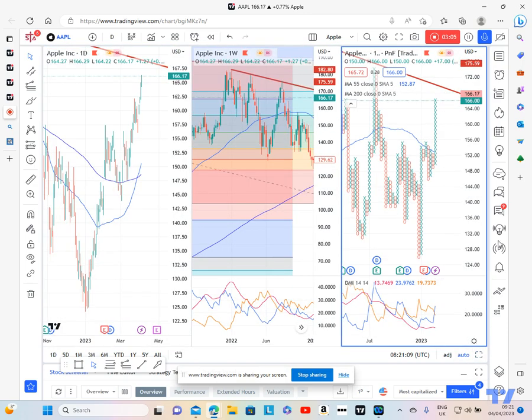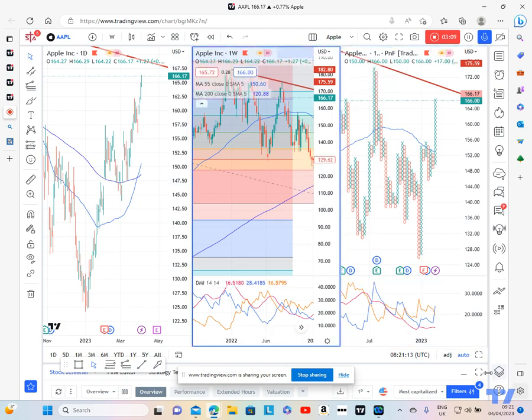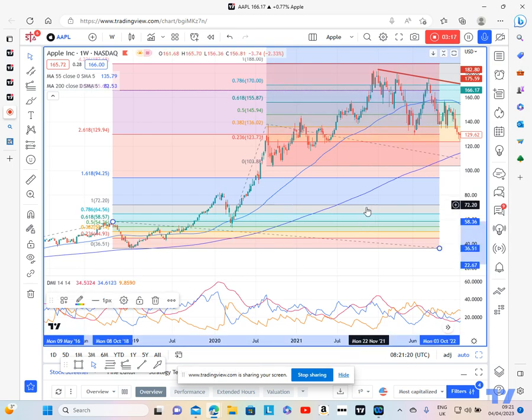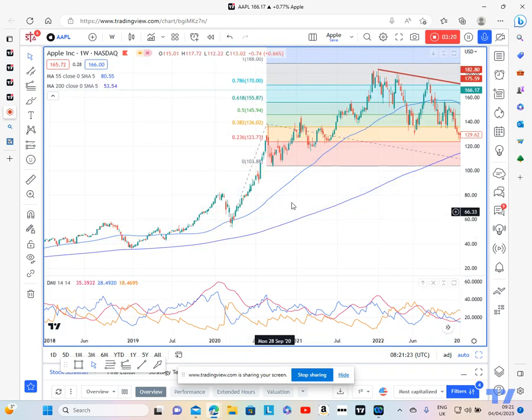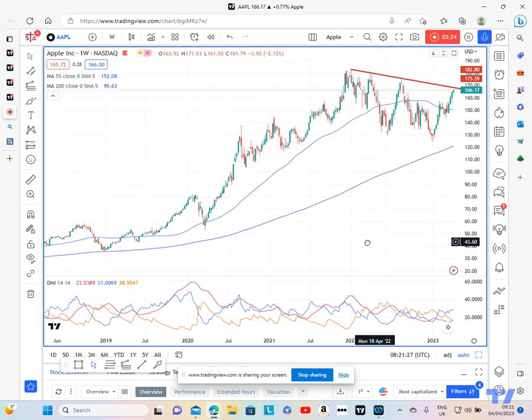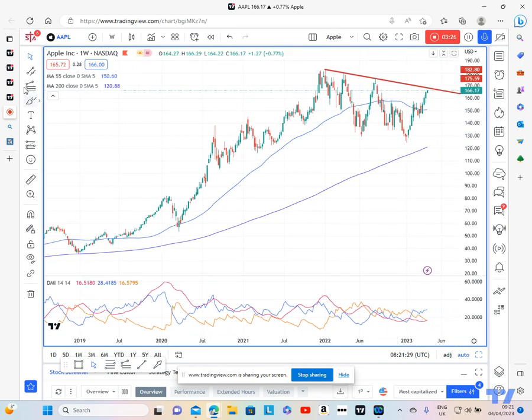The last thing I look at are potential patterns. So if we go back to our weekly chart, let's just take off these Fibonacci extensions. I think you can see that there is a bit of a parallel here.